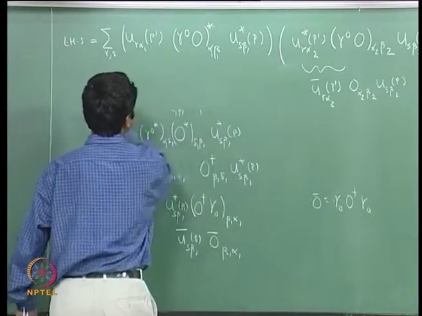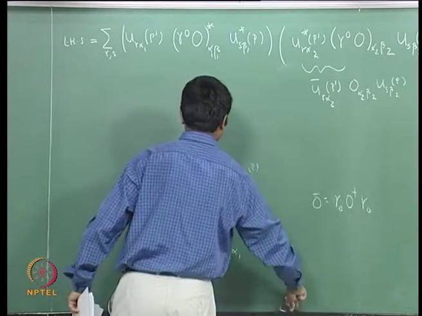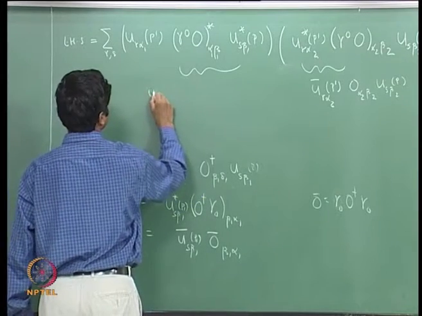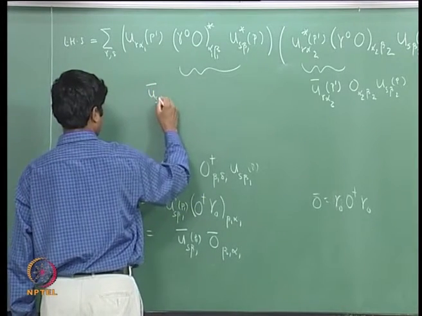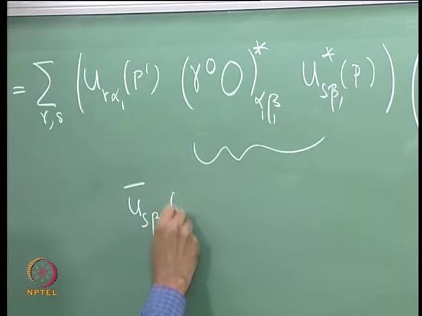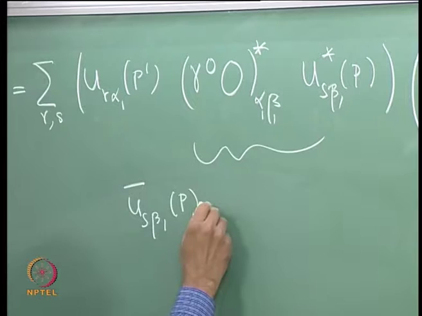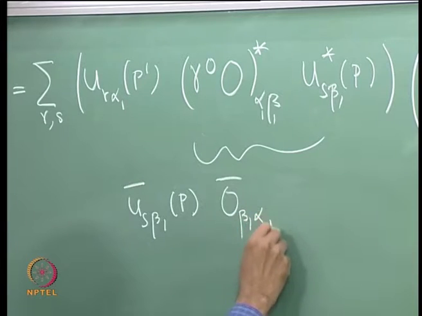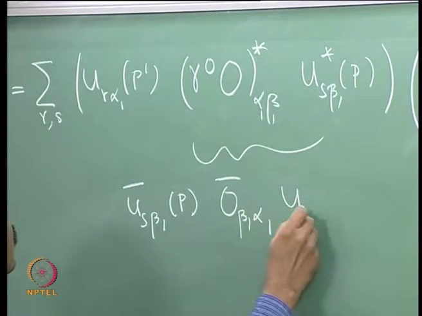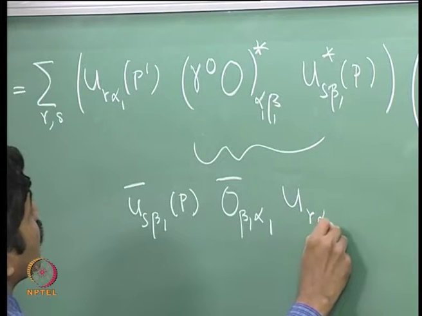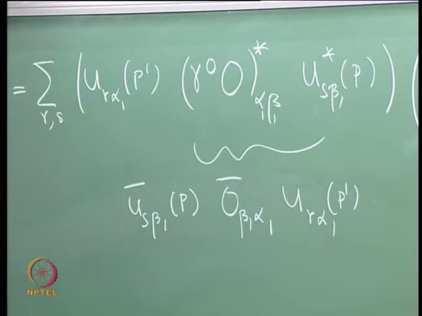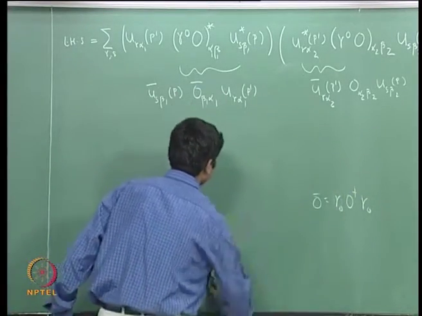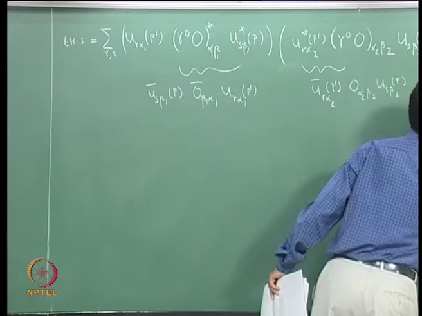So, let us do that. So the whole thing will be U s bar beta 1 of P, O bar beta 1 alpha 1 and then U r alpha 1 of P prime. All right. So, let us rewrite the whole term and then rearrange them appropriately.